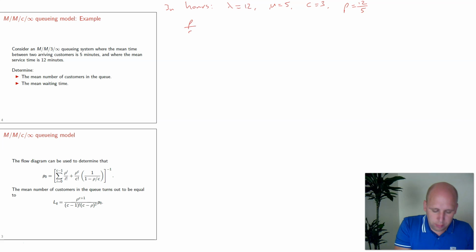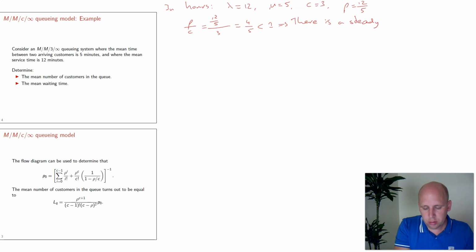Rho divided by C is 12 over 5 divided by 3, so that gives us 4 over 5. That is smaller than 1, and that means that there is a steady state. So the system does not explode. Queue length does not explode.